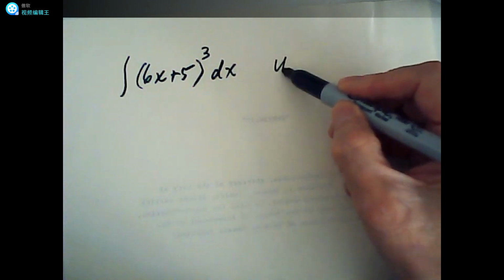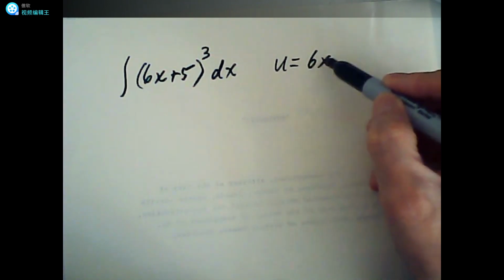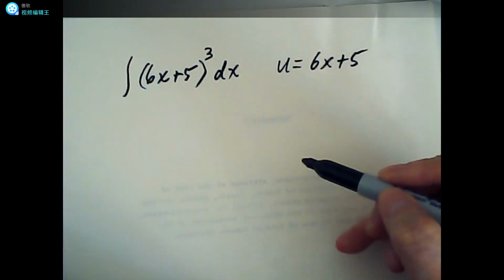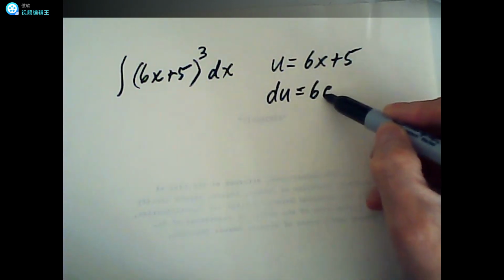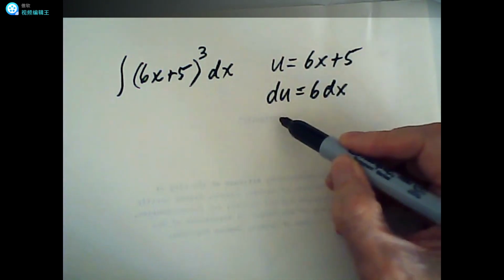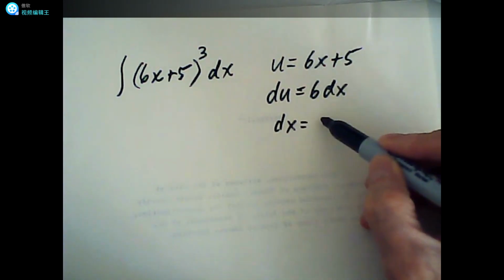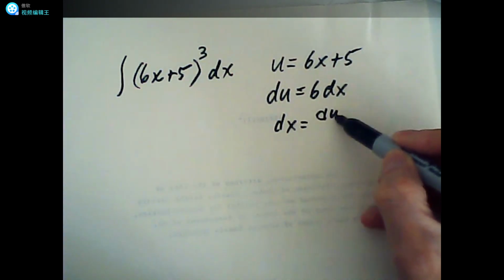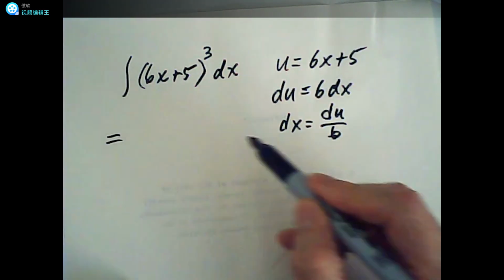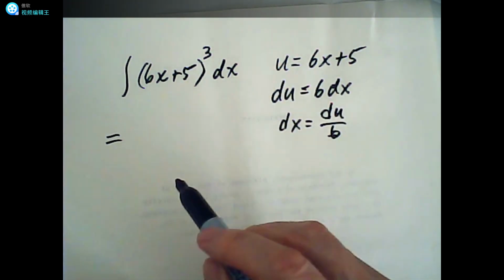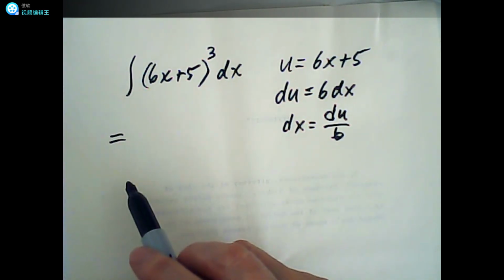You let u be 6x + 5, then du is equal to 6 dx, then dx is equal to du over 6. Then we substitute these into the integral.